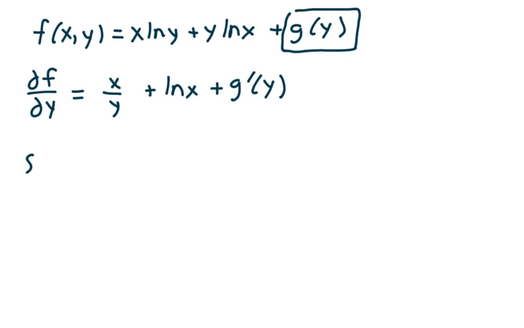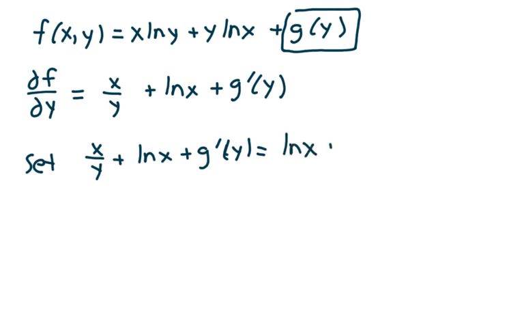So, in other words, I'm going to set x over y plus natural log of x plus g prime of y equal to natural log of x plus x over y.